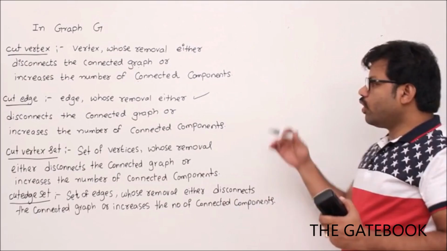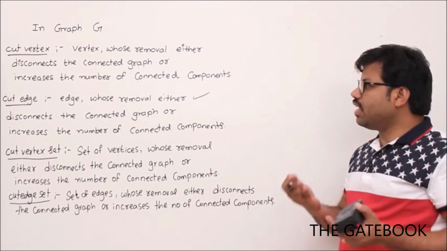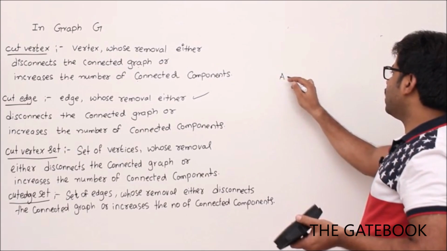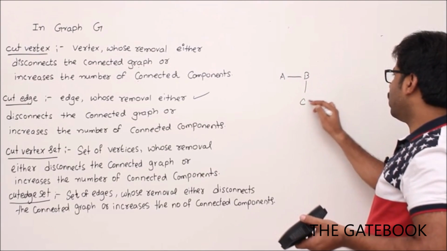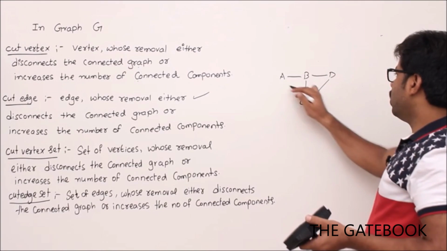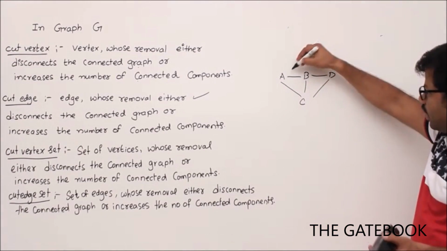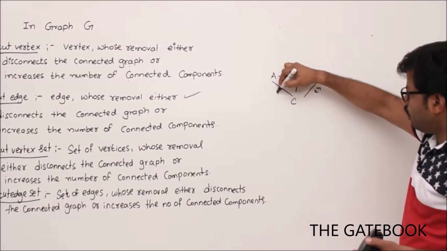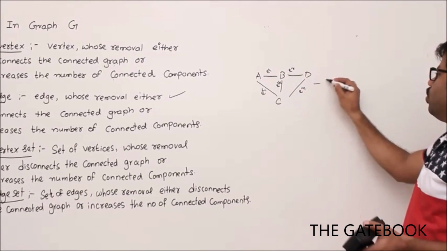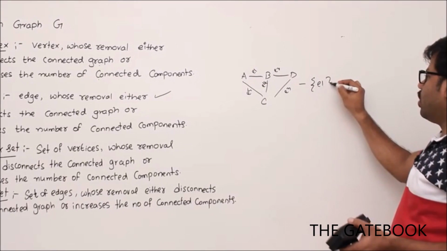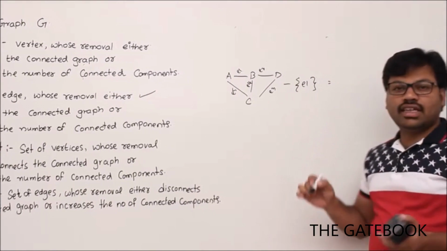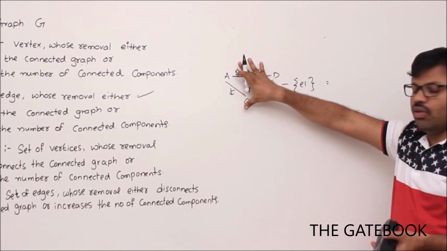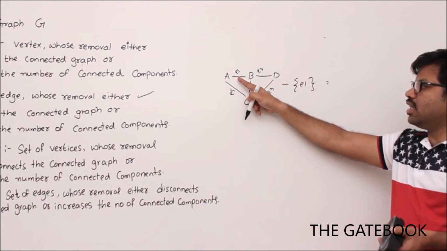Before going to cut edge, you should know the meaning of removal of an edge. So let's take one example and see what the removal of an edge is. For example, this graph. Let's take edge 1, edge 2, edge 3, edge 4, edge 5. Let me show you removal of E1. If I remove E1, then the resultant graph is nothing but the entire old graph minus just this edge.